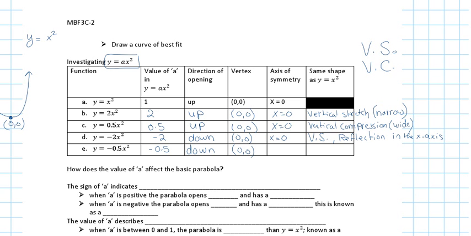And I have a vertical compression and a reflection in the x-axis. Yep. Is it necessary to write in the x-axis? Yes. Yep. Like, can there be reflections in the y-axis? Yes, there can. Okay? We don't learn it, but there is a reflection in the y-axis. Okay?